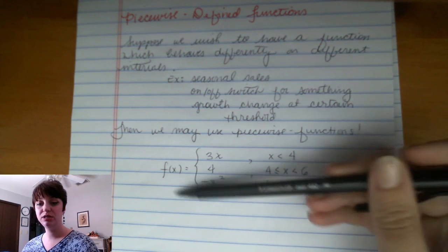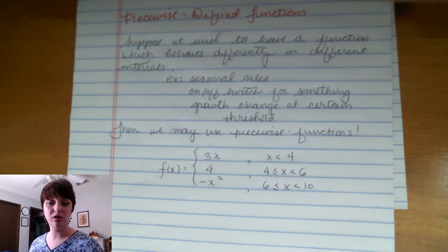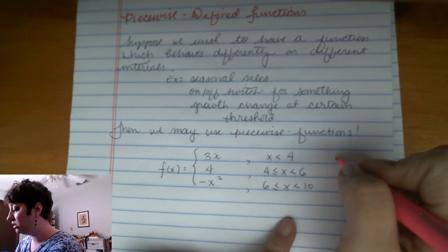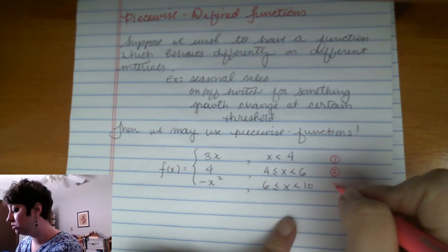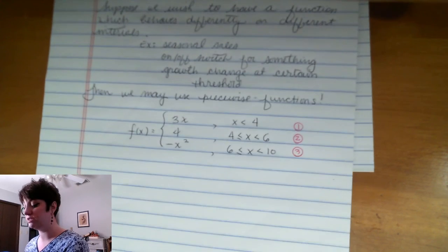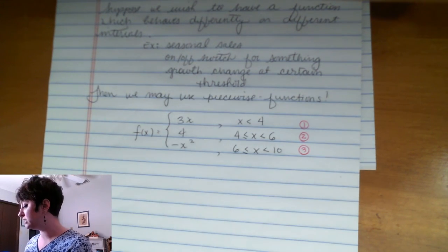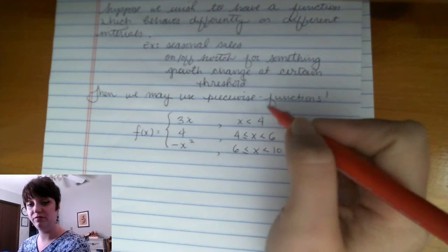So here's an example of a piecewise function. We join it together. So we have 3 regions. This is region 1, region 2, region 3. Now in the piecewise function, each region has its own behavior, and then each region has the definition.